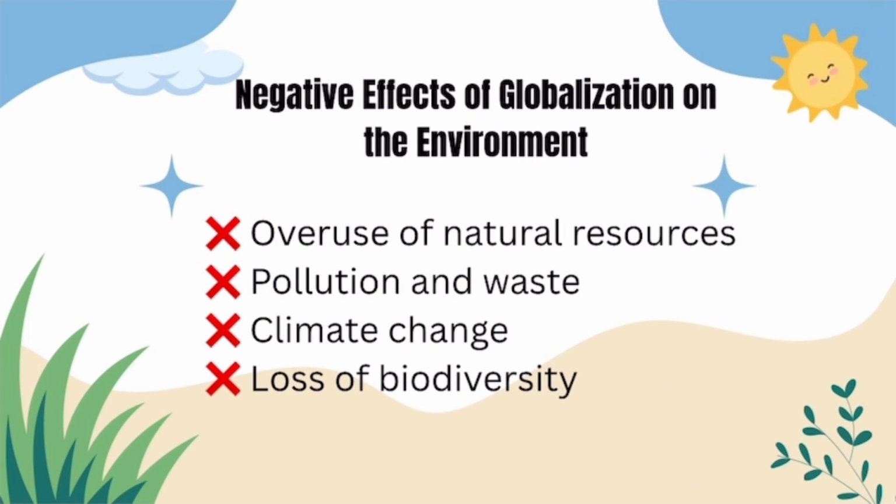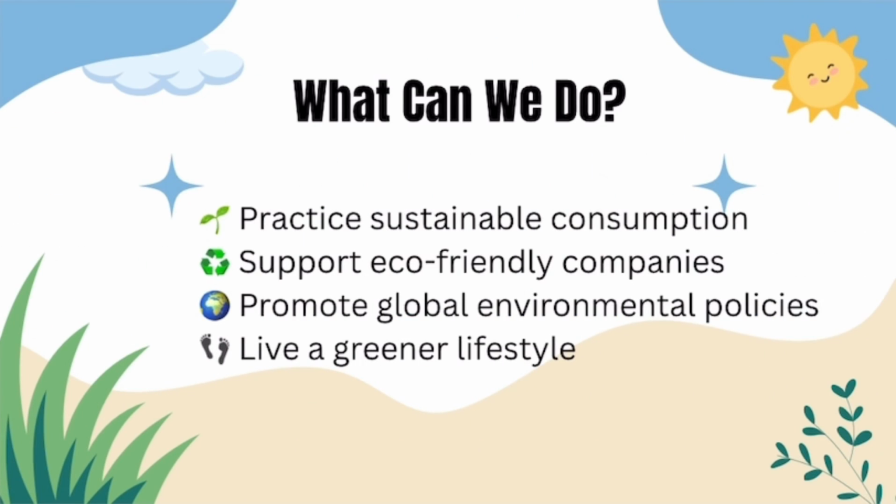Now the question is, what can we do? You know guys, it's not too late. There are things we can do. As students, we can start by practicing sustainable consumption, buying only what we need, avoiding single-use plastics, and recycling. We can also support eco-friendly companies that use renewable energy or sustainable materials.